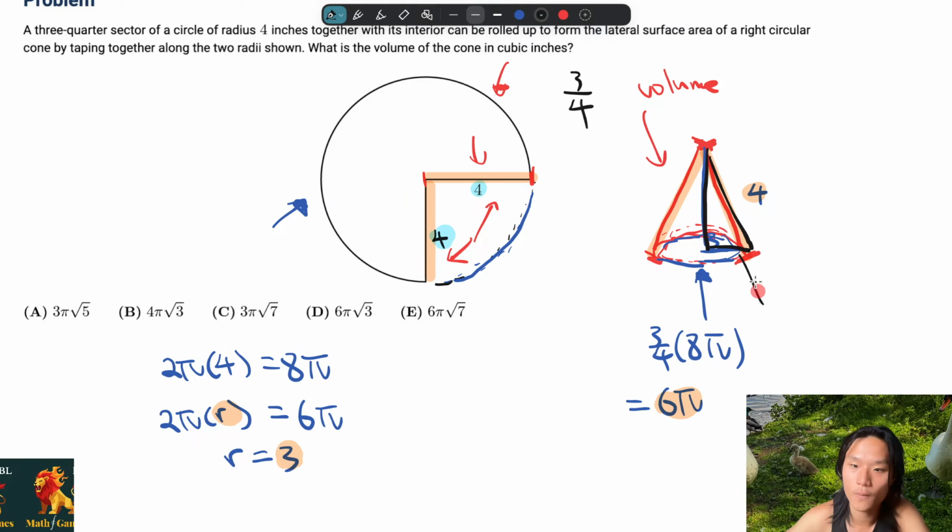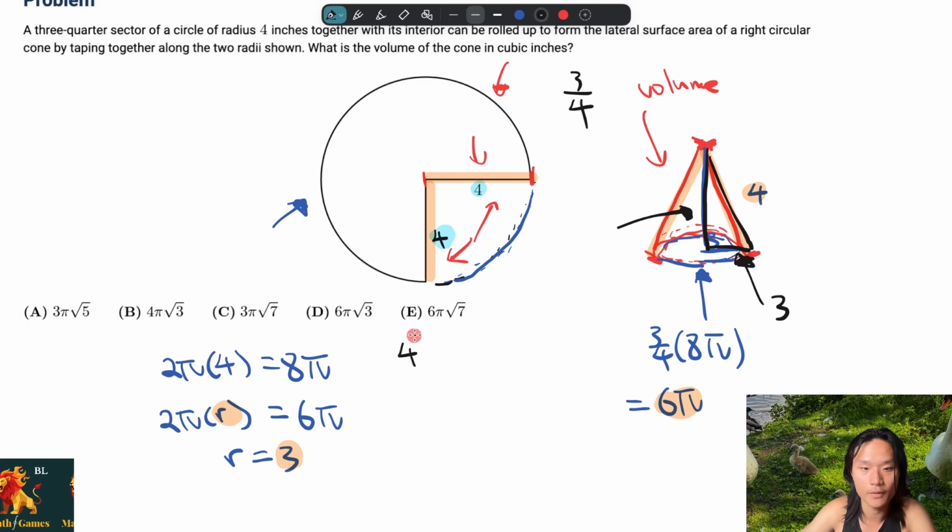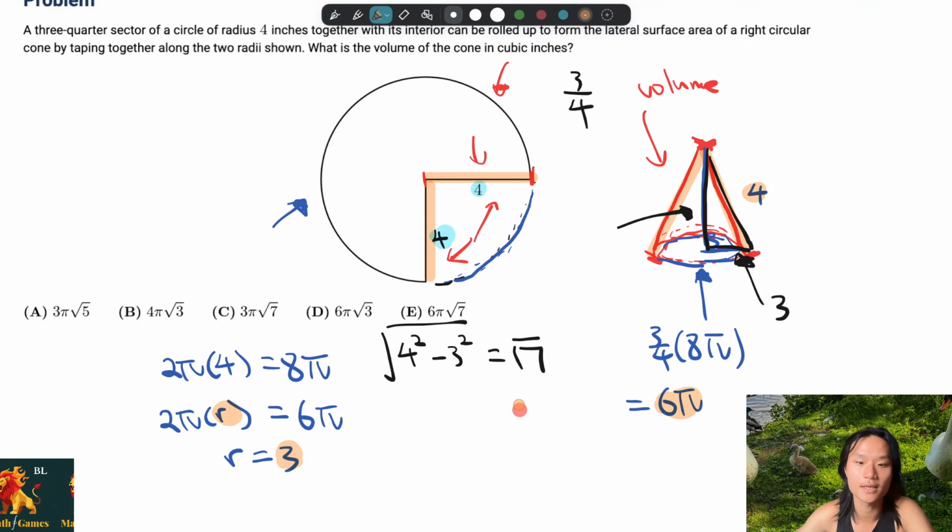Slant height is 4, the base is 3, so we want to find the height of our cone, which we can do by using Pythagoras' theorem. 4 squared minus 3 squared, and we take the square root of that. That is 16 minus 9, which is 7. So the square root of 7 is the height of our cone.